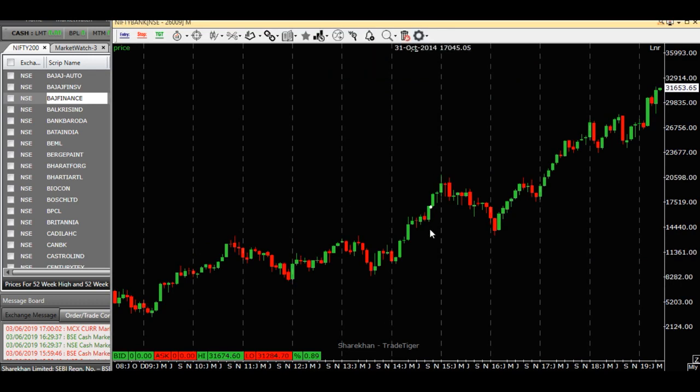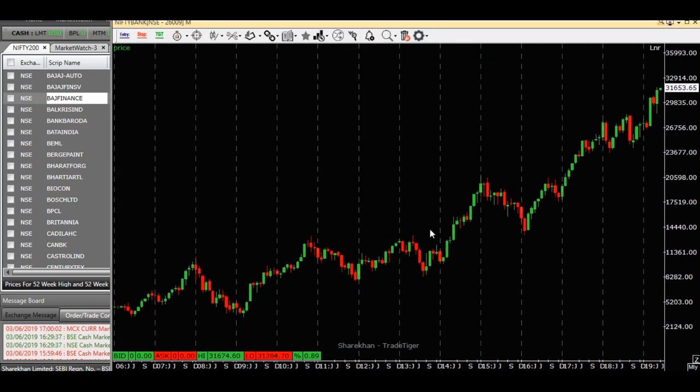And we can see the same in Bank Nifty as well. We can see one flag here, one flag here, another one here, another one here. So flag patterns are best traded when the market is in a trending condition.